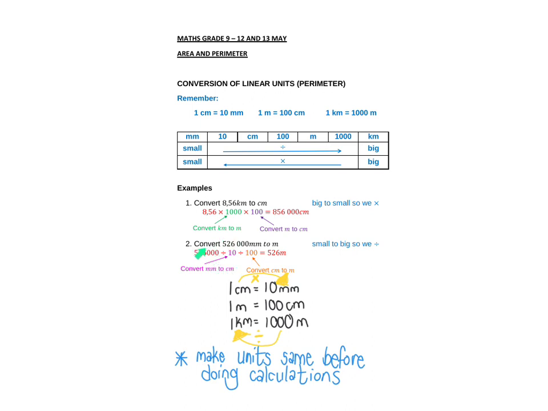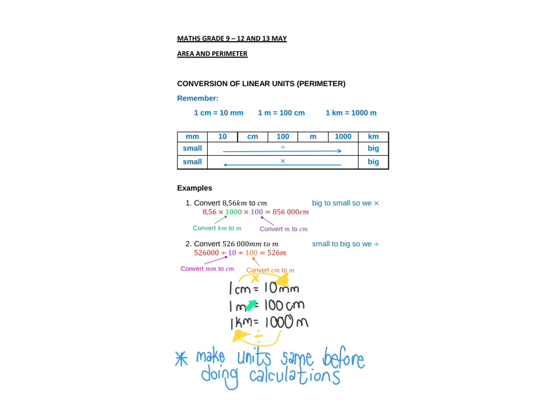Okay, then convert 526,000 millimeters to meters. So here's millimeters, and then to get to meters, it's not directly related. We first have to convert the millimeters to centimeters, and then the centimeters into meters. Okay, so we're going that way, meaning, see the arrow this way is divide.